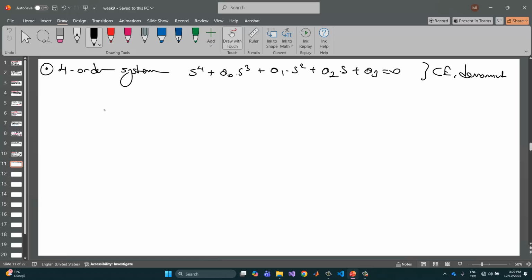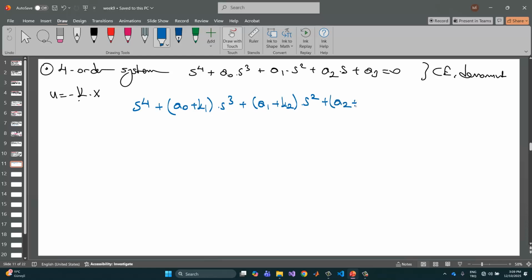Okay? And so if we apply u equals minus Kx, each state is fed into the roots. And so this equation is converted into this one: s^4 plus a0 k1 s^3 plus a1 k2 s^2 plus a2 k3 s plus a3 k4 equals 0.